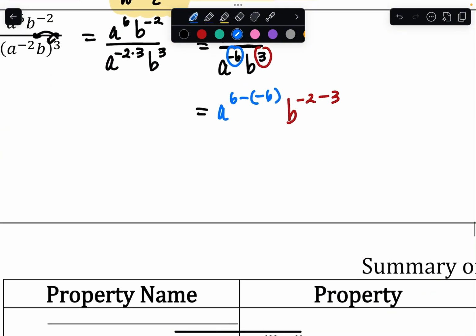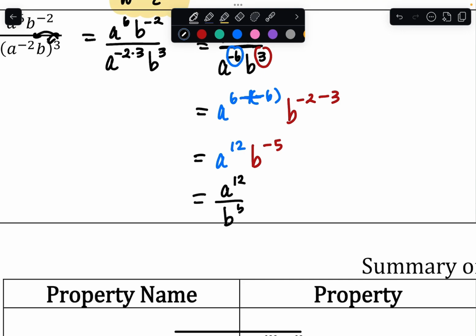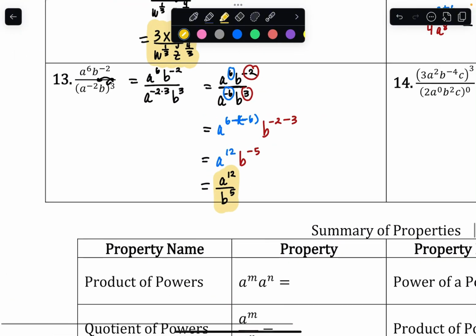Okay, 6 minus negative 6 is the same as just 6 plus 6, so that's going to give me a to the 12th. And then for the b term, we get negative 5. And so we're not done, because that means b to the positive 5 should have been written on bottom. Leave the a alone. He has a positive exponent.